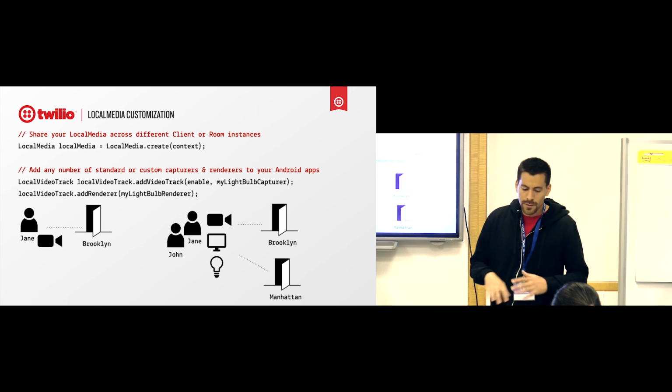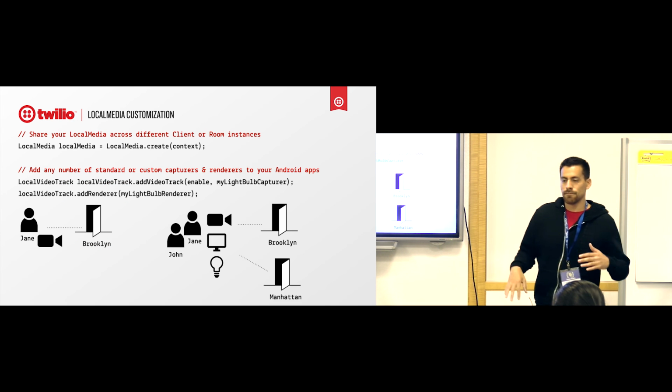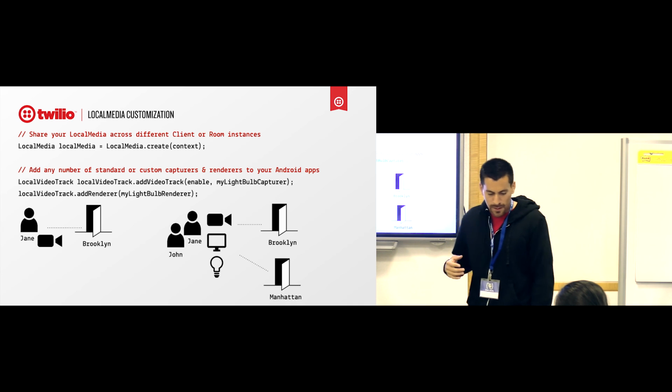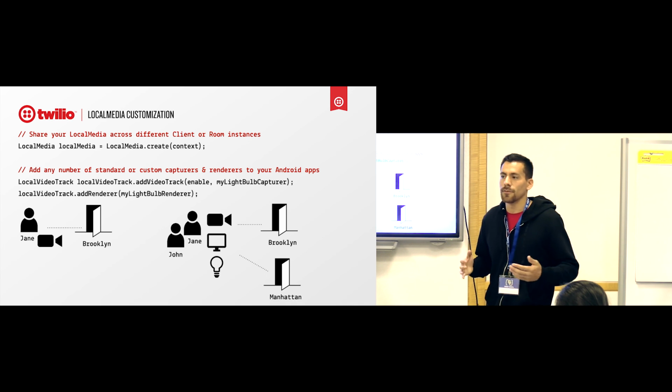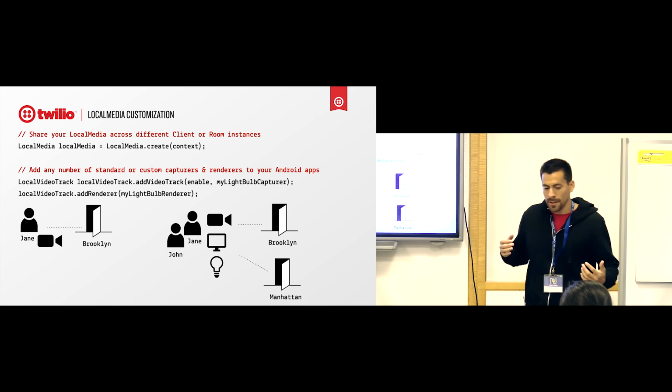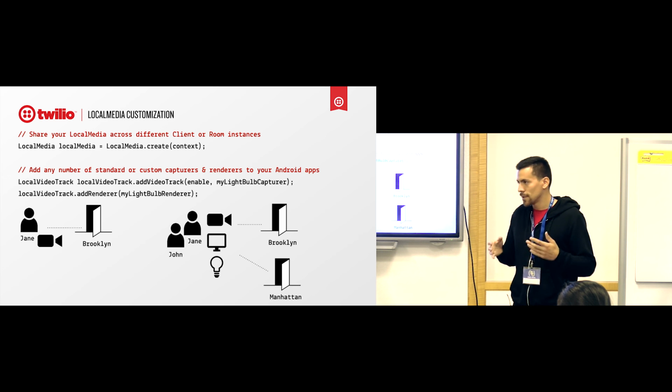I talked a lot about captures, renders, and how to customize some of these things. The last thing I wanted to touch on today was how you can leverage this local media in different ways. The local media and the room model are written in such a way that they're almost completely separate components.